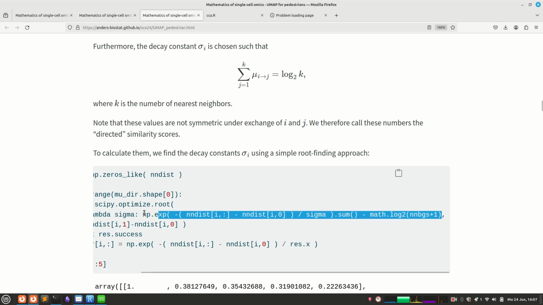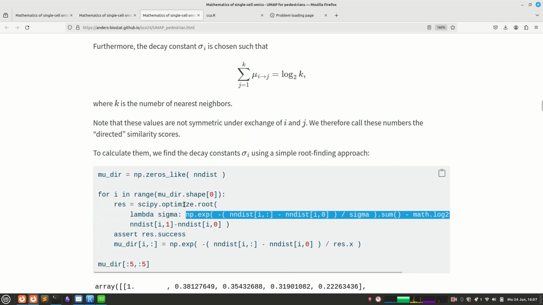So I want to find the root of this function, and to find a root in Python, you use the root function from SciPy's optimize module. So you just tell it to try to find the root of this function.